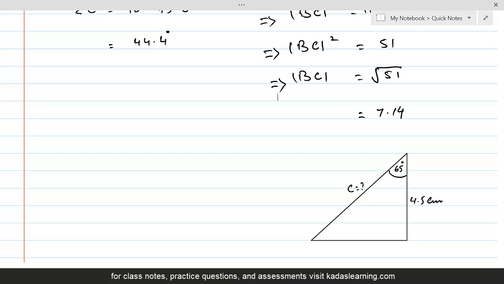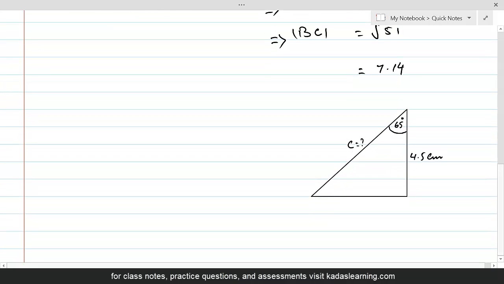In next triangle, let us name the triangle first and name it as A, B and C. Angle of 90 degree is at C, therefore the side opposite to C is the longest side and it is hypotenuse.